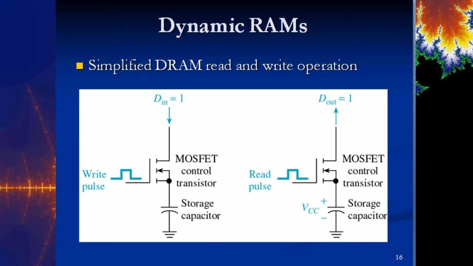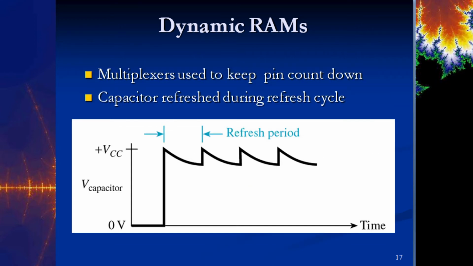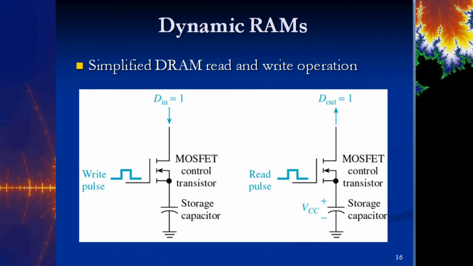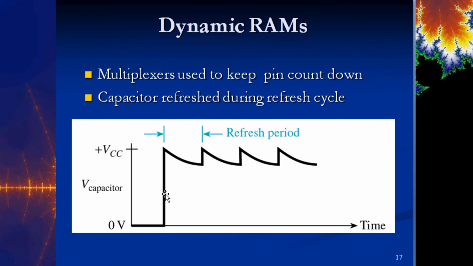So we have to have some circuitry that will enable this to happen, because the capacitor does not hold its charge forever. You can see here, this is an example of that capacitor, the storage capacitor we're talking about here. So here we put a 1 on it, and it depends on the DRAM family, but this is the refresh period.